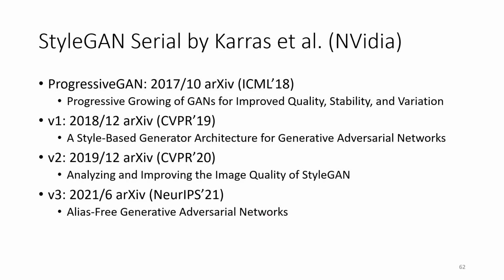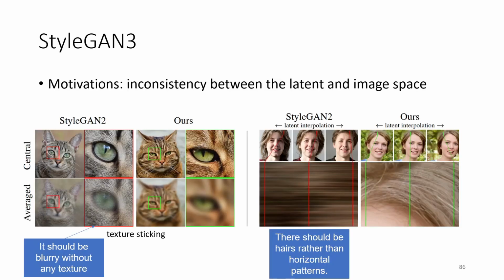So what are alias artifacts? Let's take a look. Okay, this is the alias artifact. This is the cat, right? The cat is generated by a latent variable in the latent space.